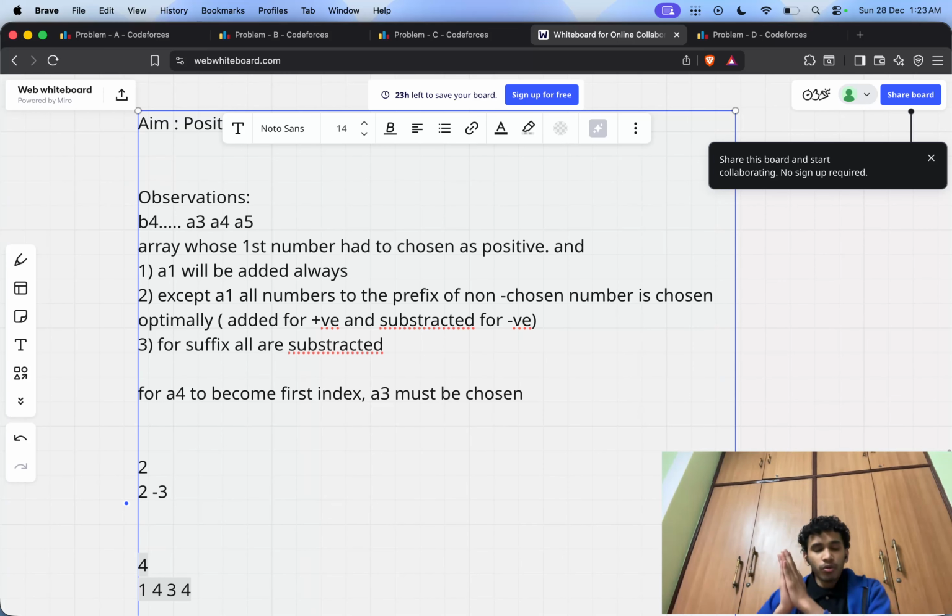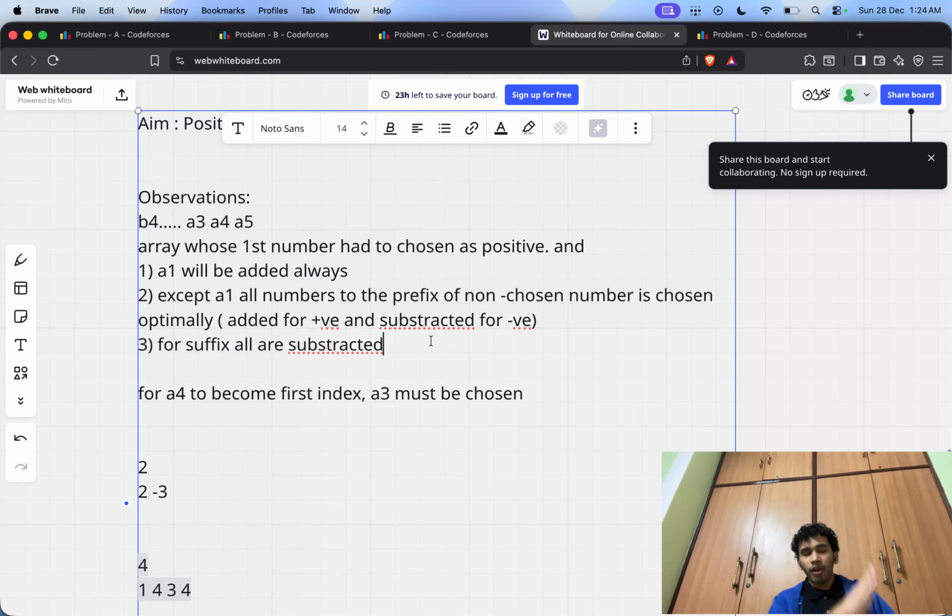So we can pre-compute the answer for the prefix. How? For every index, if it is positive, add it. If it is negative, subtract it. And for A1, just add it. And we can also have the suffix sum maintained.